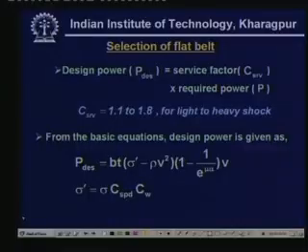Okay. So, design power P design is given as service factor multiplied by required power. Required power means the power which you intend to transmit. Now, from basic equations, design power is given as P design equals B into T into etc., what is given over here.